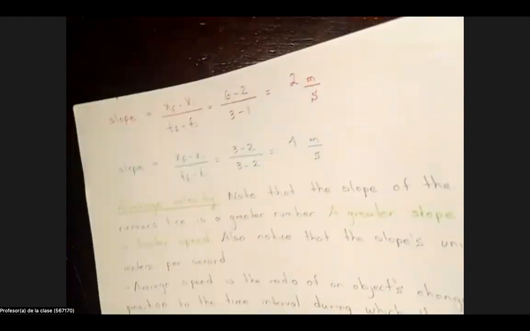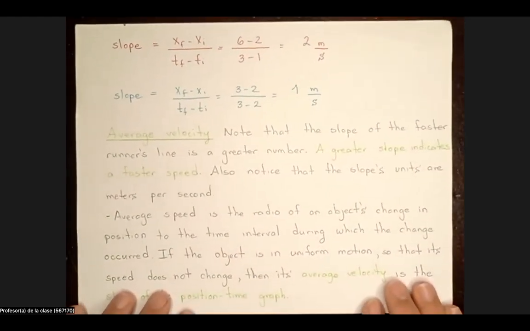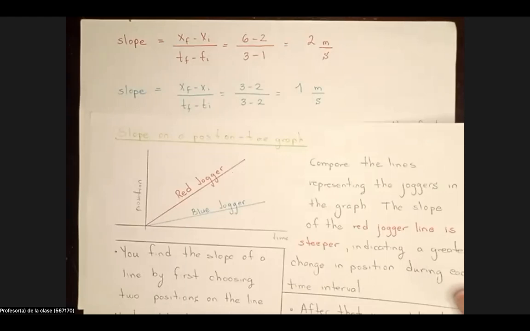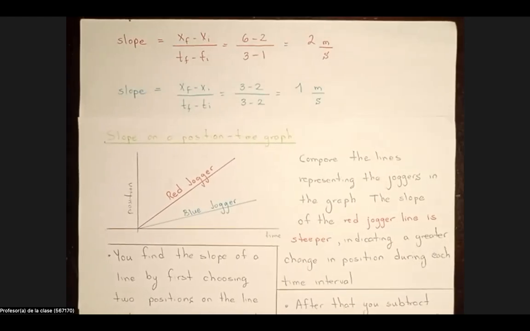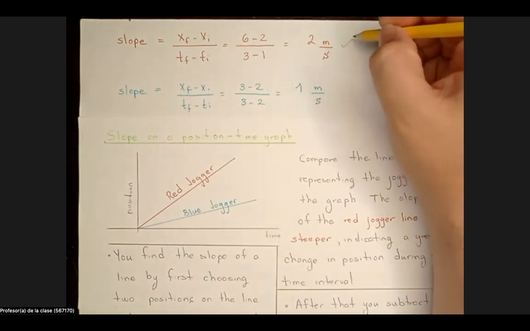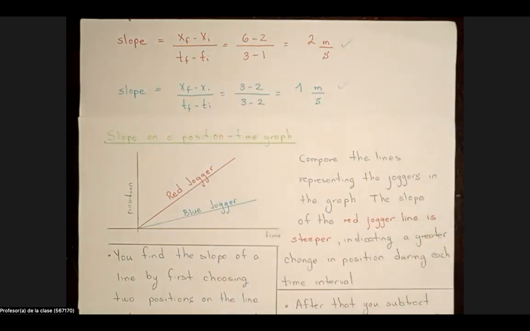Then, for example, for the red and blue jogger that we had here, imagine that I have two different points for the movement of each runner, okay? I will invent those numbers over here just to put a number on the slope, okay?